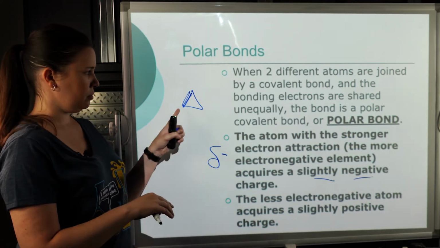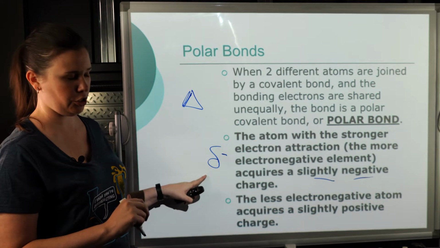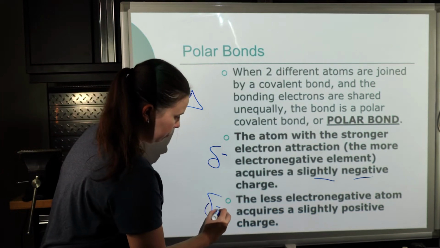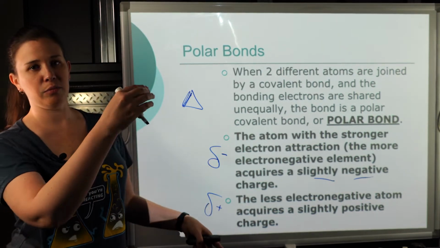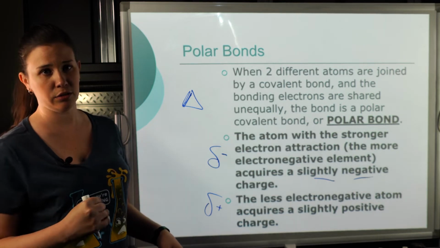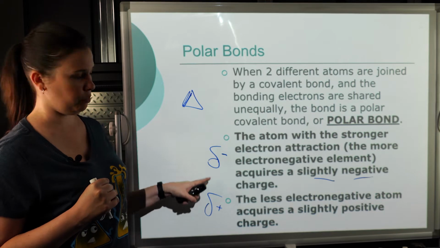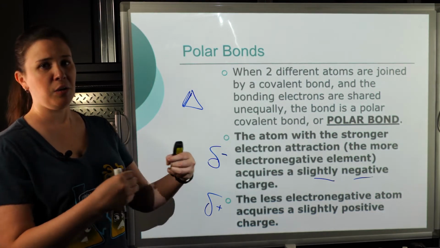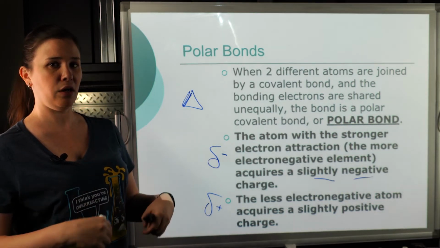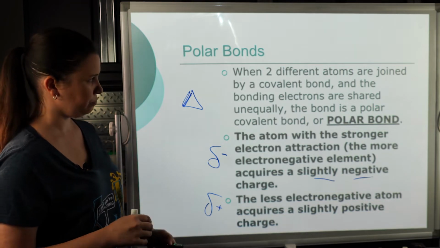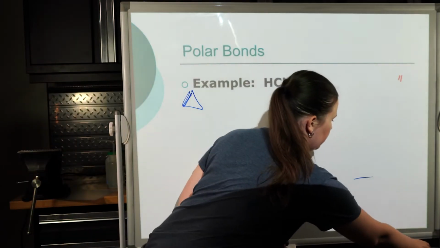Lowercase delta, this is just a partial change. So then we would have a partial positive on the atoms that are losing the electrons or losing that tug of war. So the atoms will become partially positive or partially negative based on how electronegative they are compared to what they're attached to. So let's look at an example here.